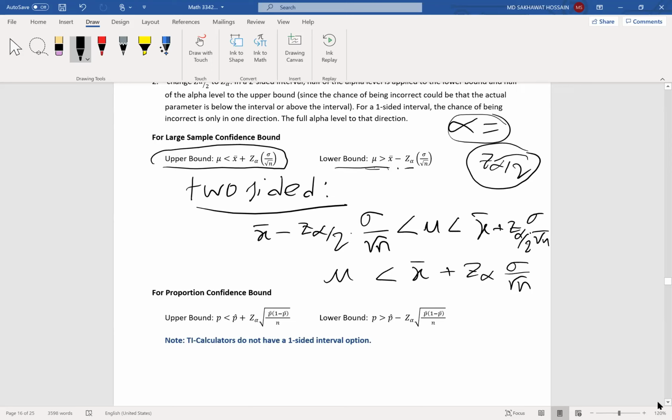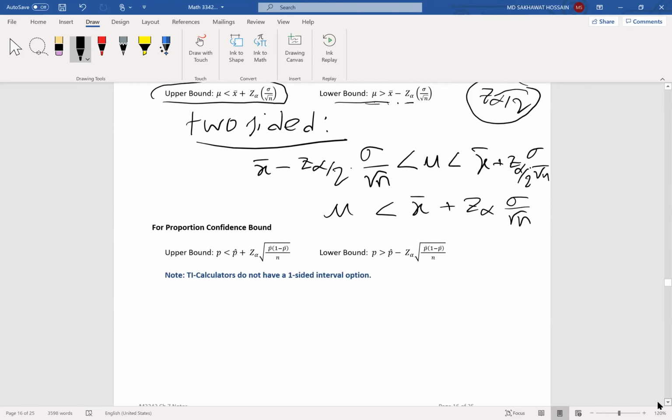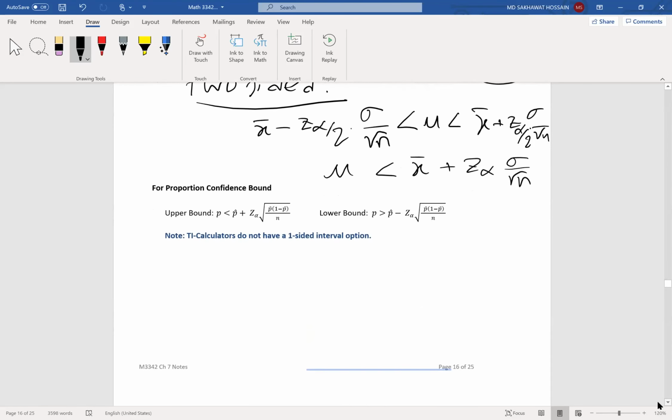It's also the same for the proportion. If you want to calculate the one-sided confidence limit, it uses a similar formula. The difference is that it will be z alpha, and the other things will be the same. For the lower bound, it is p hat minus z alpha times square root of p hat times 1 minus p hat over n.